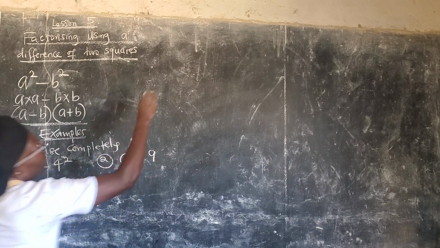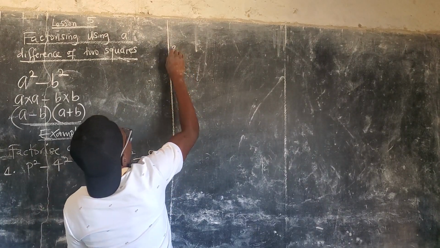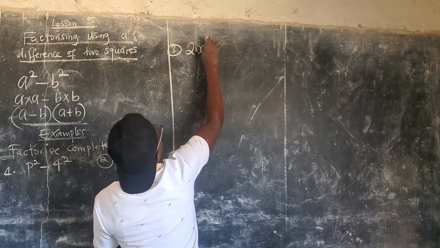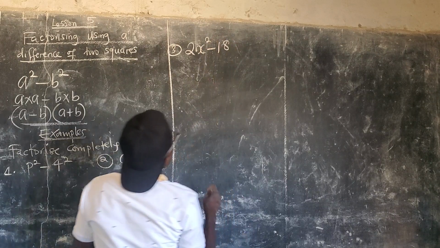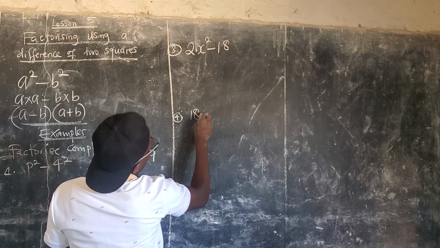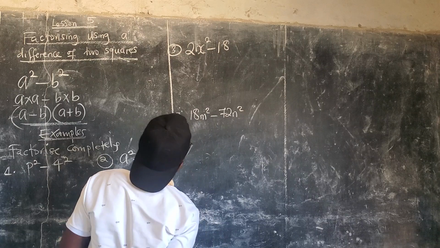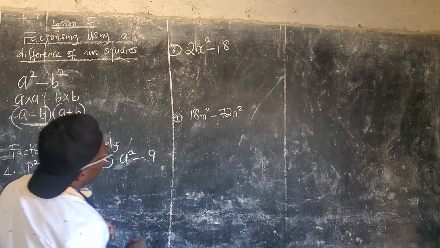Then we're going to have another one, this side, which is 2x squared minus 18. We can have another one as 18m squared minus 72n squared. Okay, we can have that.